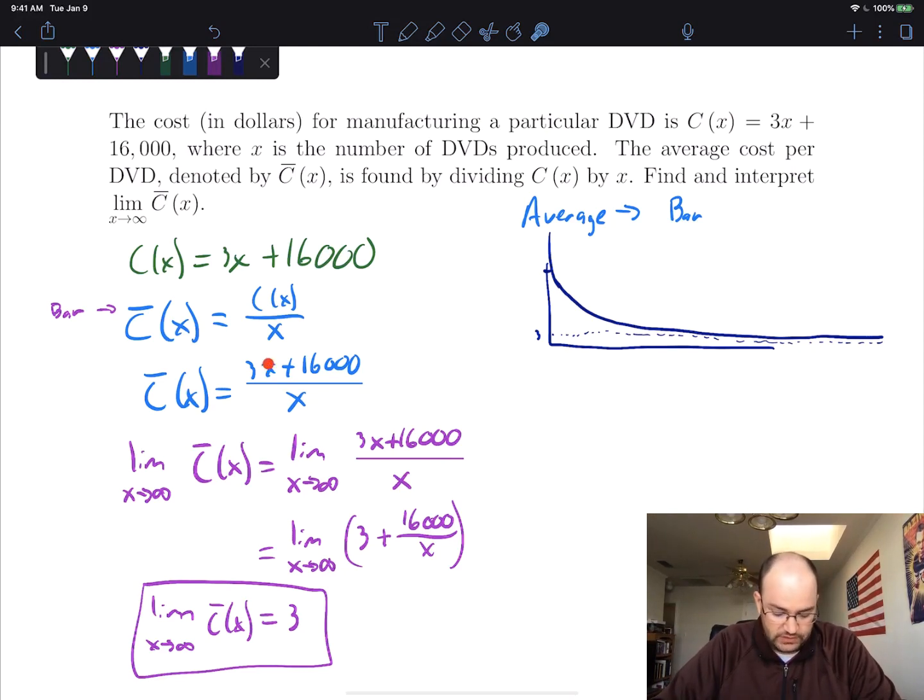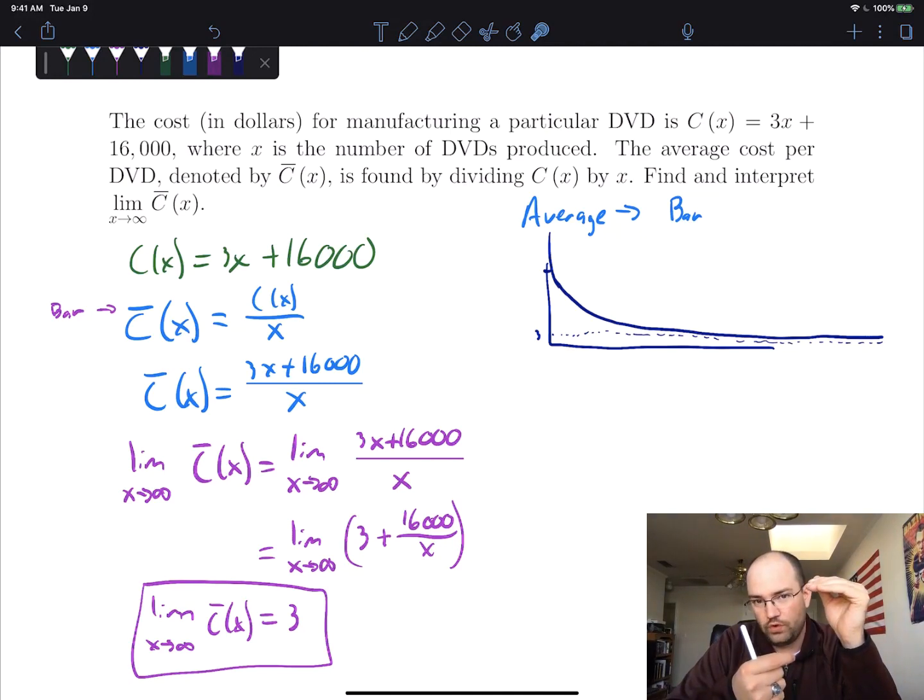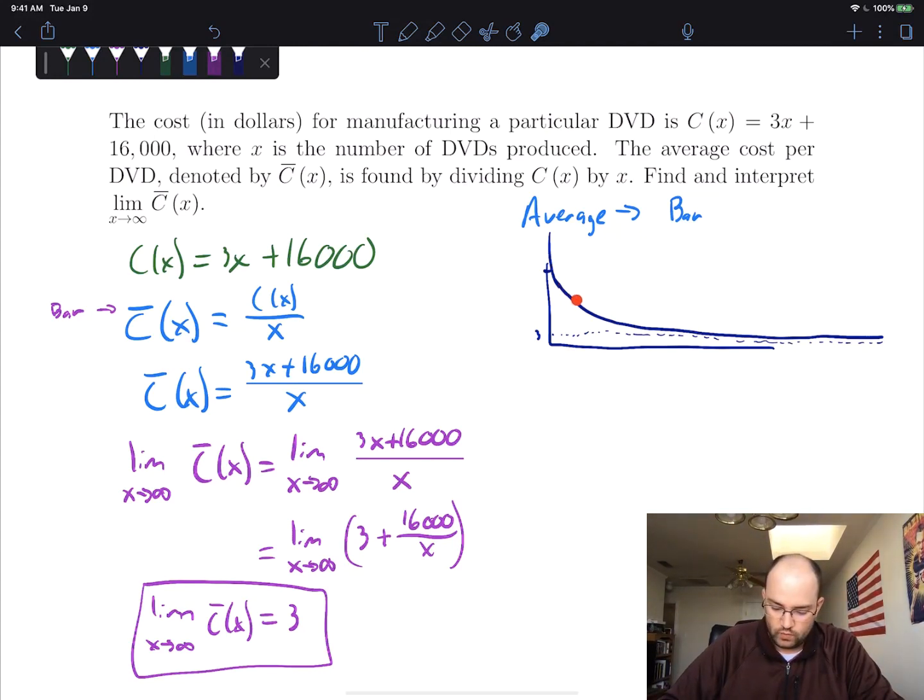If we did 2 DVDs, what would it be? Well, 2 times 3 is 6, plus 16,000 is 16,006, all over 2 would be 8,003. So it goes from 16,003 down to 8,003 in one step, going from 1 DVD to 2 DVDs, which is the reason why, as X gets larger and larger, the average cost for these DVDs will reduce, but they slowly reduce after a little while, approaching that average cost of 3.